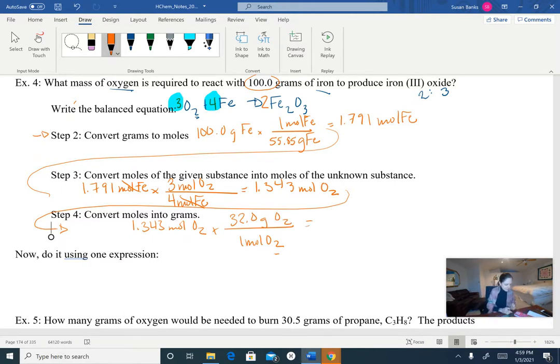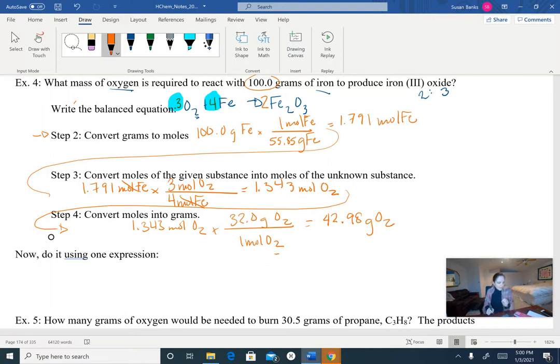So I'm going to take 1.343 and multiply it by 32. And with sig figs, I get 42.98 grams of oxygen.